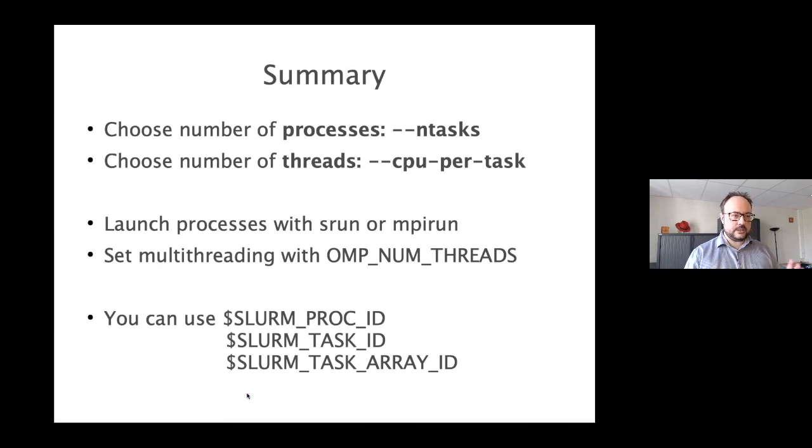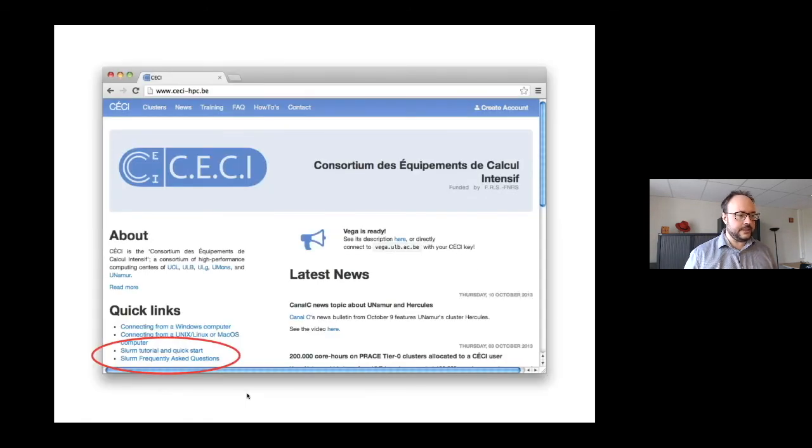Okay, I hope this was a good way for you to start using Slurm. I want to mention also that there is a wizard that we set up, which you can find on the CC webpage, and it looks like this.